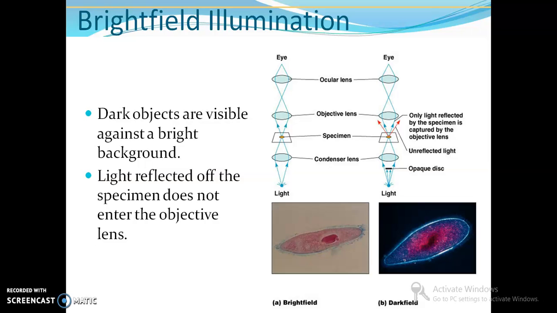The specimen restricts light transmission and appears as a shadow against the bright background where the light enters the microscope unimpeded. Since most biological specimens are transparent, contrast between the specimen and the background can be improved with the application of stain to the specimen.